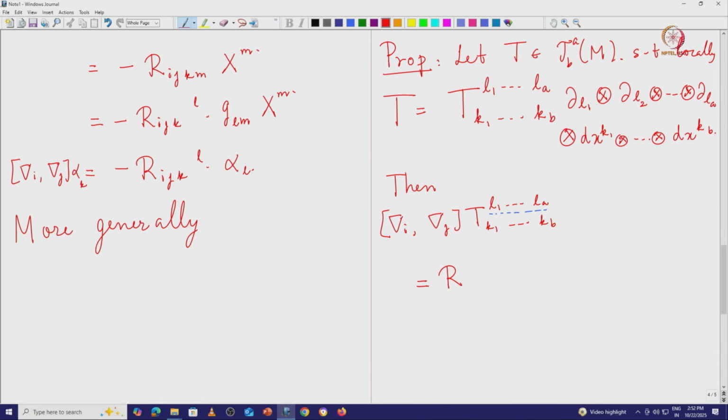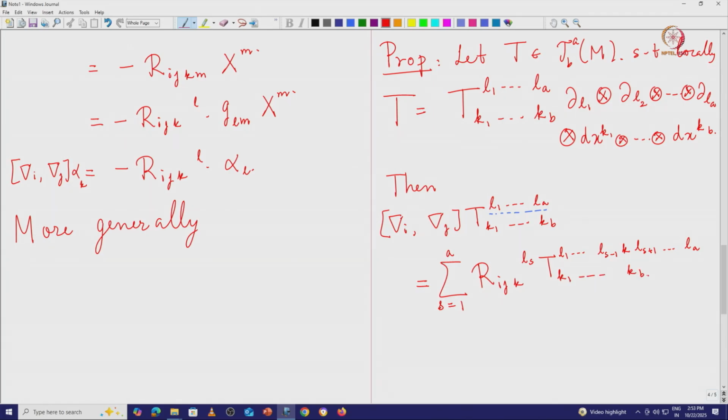This is going to be of the form: summation s going from 1 to A of R_ijk^{l_s} times T with l_1 up to l_{s-1}, then wherever you had l_s you put a k, then l_{s+1} up to l_A, and then k_1 up to k_B.